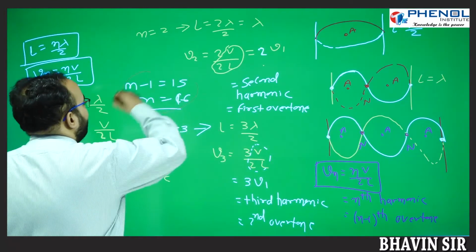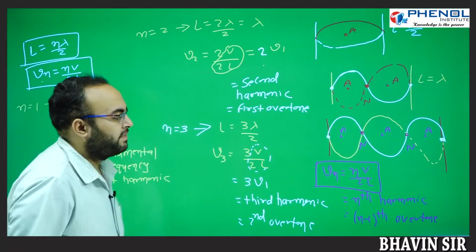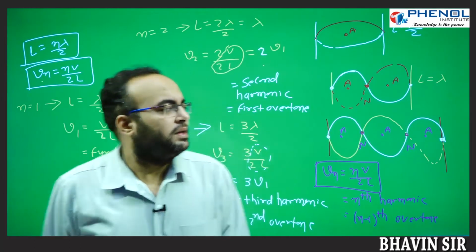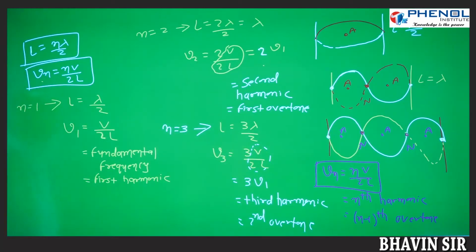So our number of overtones is n minus 1. Chalo, so this is all about the frequency of a stationary wave. Chalo, now we discuss its numericals.